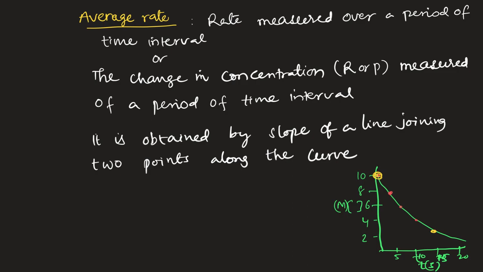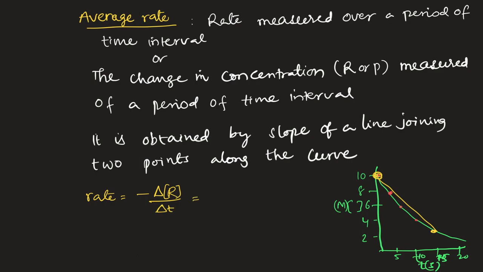If I join like this, with a straight line, then at what concentration? Generally rate is minus delta concentration by delta t, change in time.